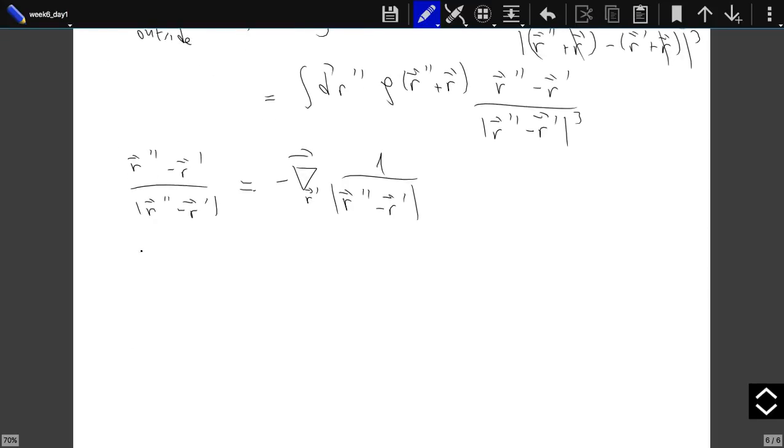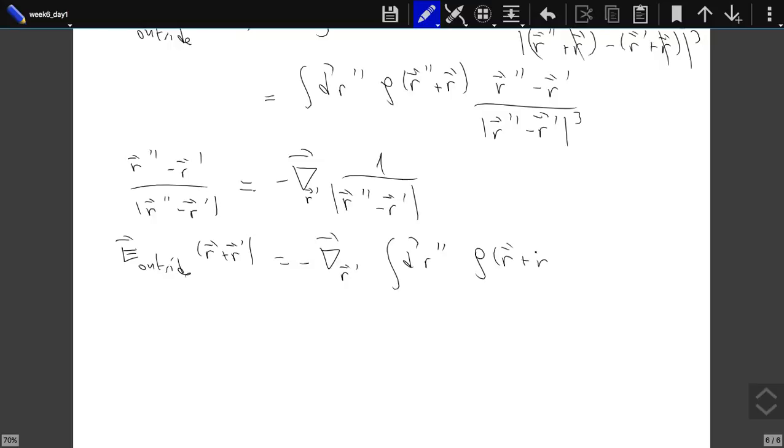So the electric field created at the point r plus r prime, due to the charges outside my volume, is minus the gradient with respect to r prime of the integral of d cubed r double prime rho of r plus r double prime divided by the magnitude of r prime minus r double prime.